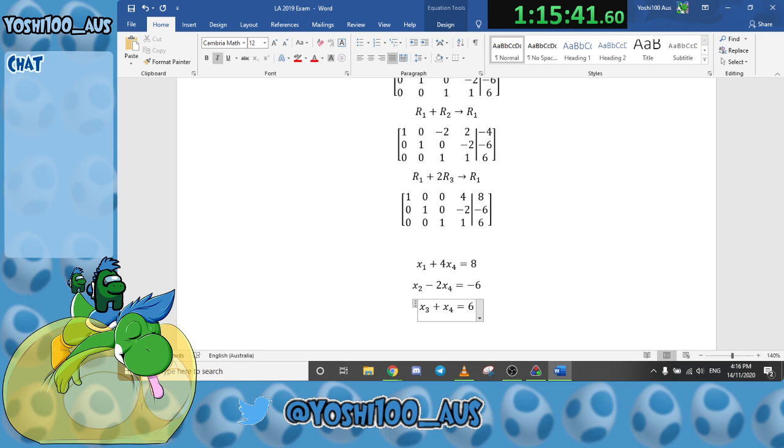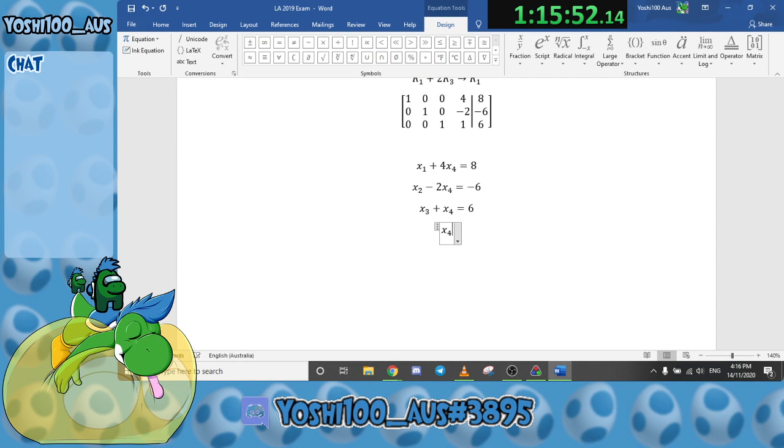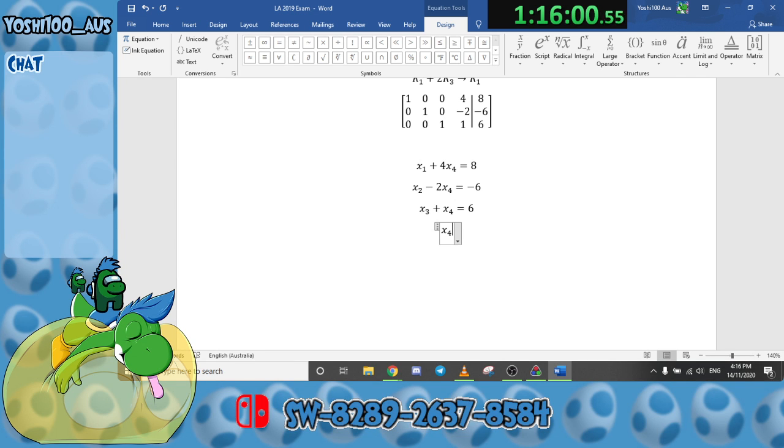X2 take 2 x4 is minus 6. X3 plus x4 equals 6. Okay, how do we write this again? Right, wouldn't we end up with 2 vectors? If I write it like that? Or, no. That's fine, isn't it?